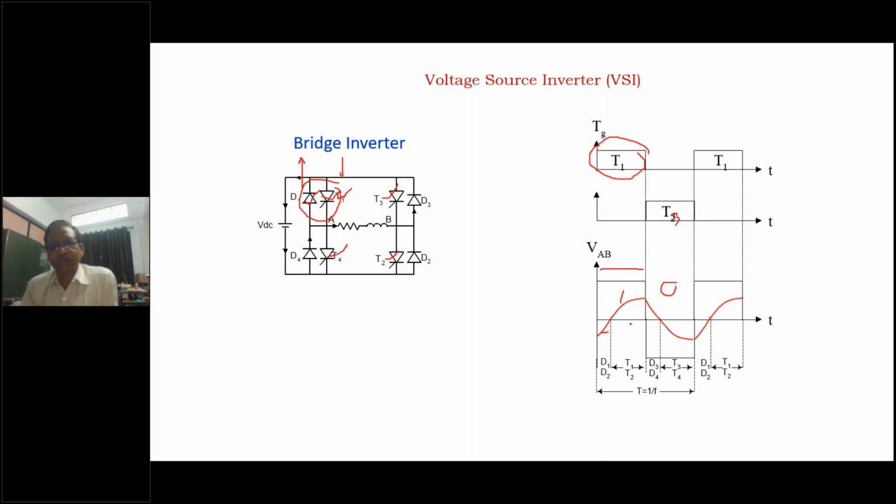For example, when current is positive and voltage is positive, thyristors, maybe IGBT or SCR, are conducting. Similarly, when current is negative and voltage is also negative, the thyristor or IGBT conducts.